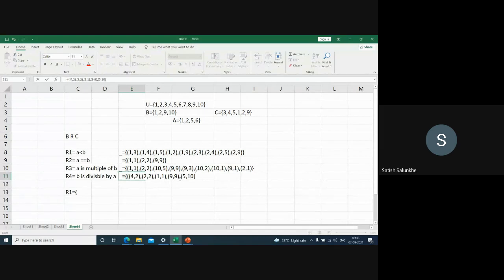What I am saying is, first of all, is this element A or element B? You need to understand, we are writing a pair A comma B, and in that, B is divisible by A. So whether this 10 is belonging to set C, yes or no? 10 is not belonging to set C. And whether 5 is belonging to set B, no. So this element is absolutely not there.